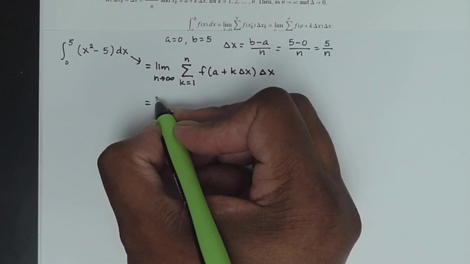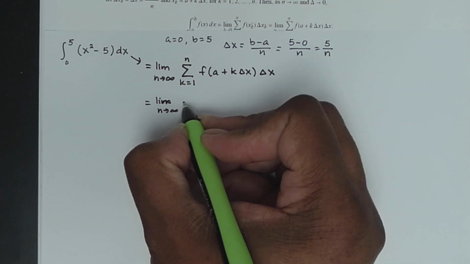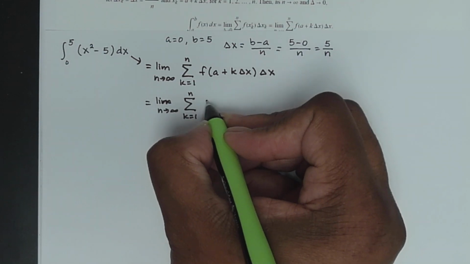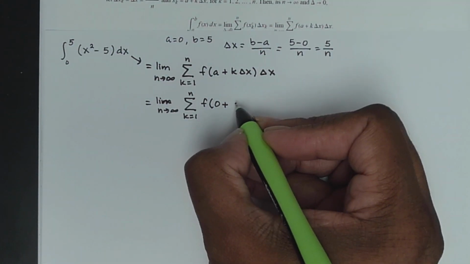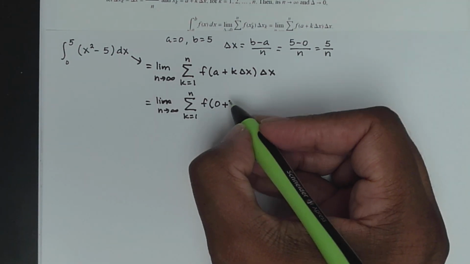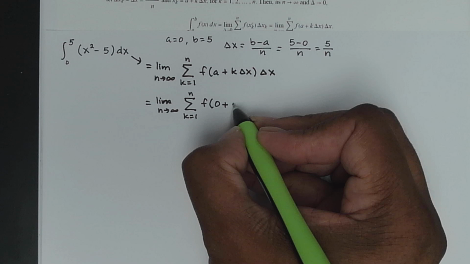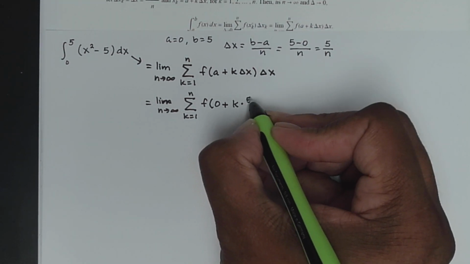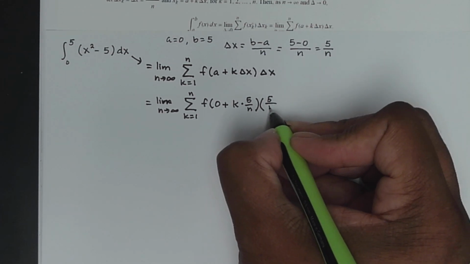So now let's do our substitution. Bring down the limit as n approaches infinity of the summation for k equaling from 1 to n of f of, our a is 0, plus k times delta x. Delta x is 5 over n, so it'll be k times 5 over n, times delta x, that's again 5 over n.